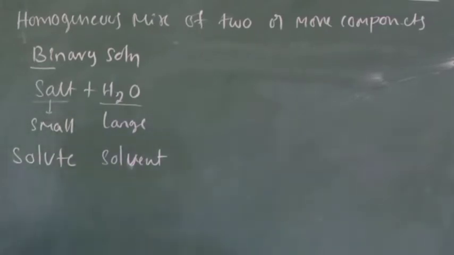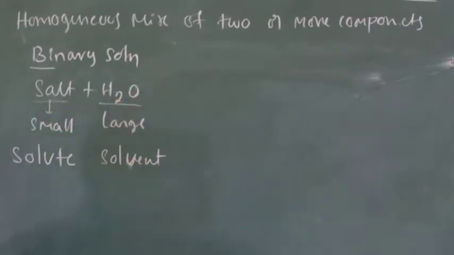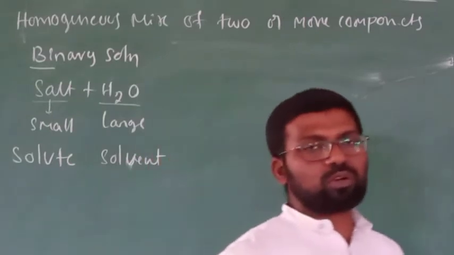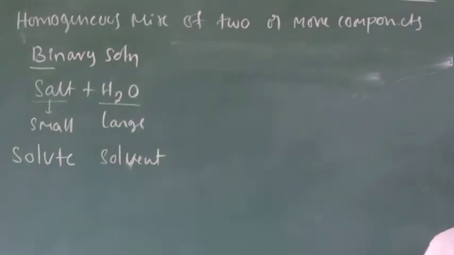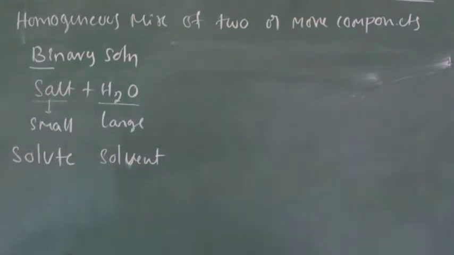Most students confuse which is solvent and which is solute. No need to worry about this. You just remember water is a solvent. Water is also called the universal solvent because it can dissolve most compounds.